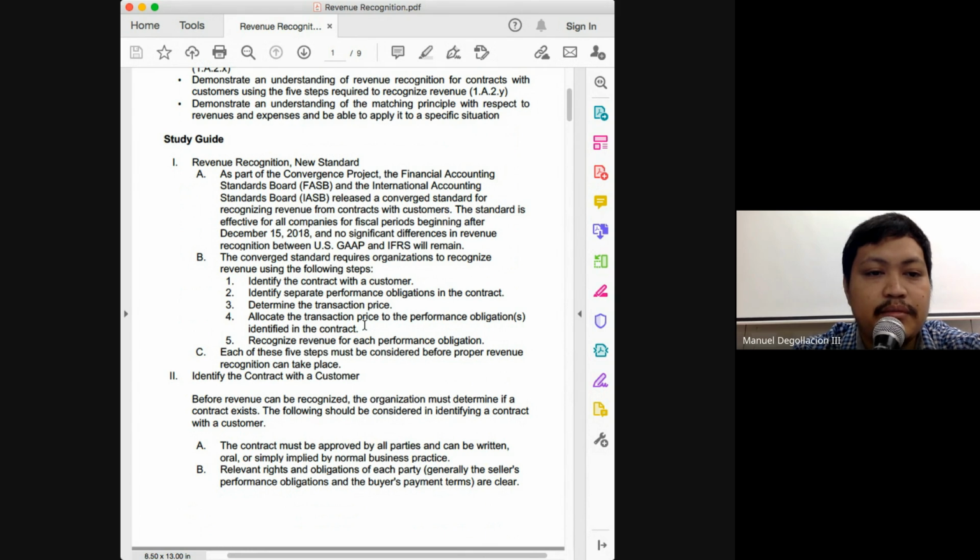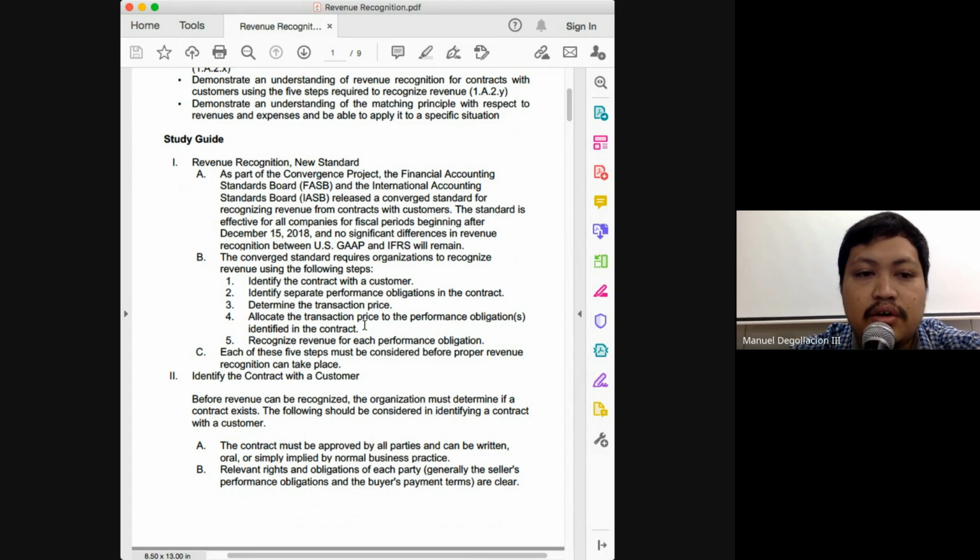And this should not even be difficult to remember. Okay, you can just start with the action words. Number 1 and 2 are identify. Number 3 is determine. Number 4, allocate. And number 5 is recognize. Again, identify, determine, allocate, and recognize. What's the first thing you are supposed to identify?